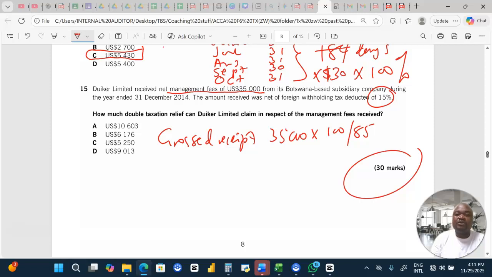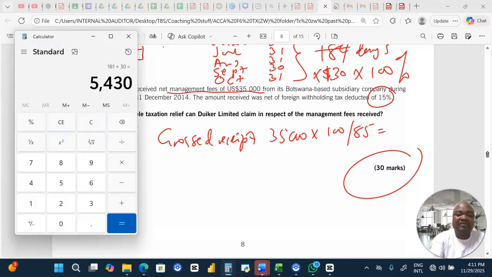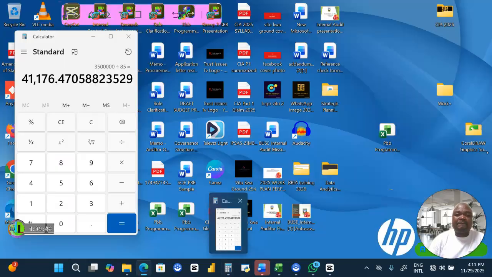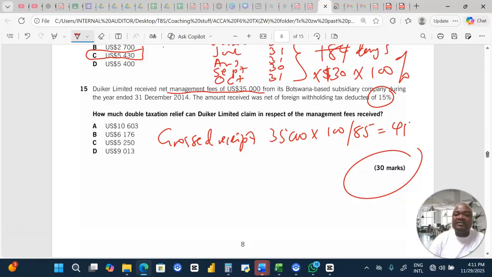So this should lead us to 35,000 multiplied by 100 over 85. So the fees were 41,176.